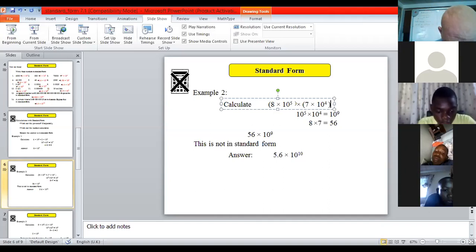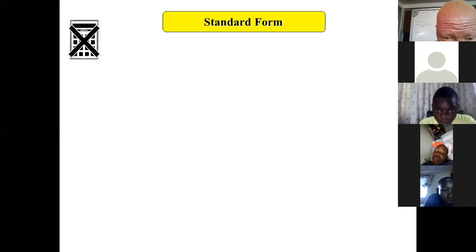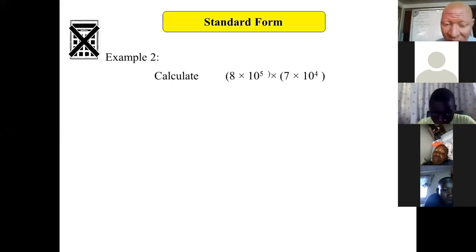Okay, this is what you are trying to say, that it should be in a bracket. It can be like that, it doesn't matter. So when you have it like this, 8 times 10 raised to power 5 in a bracket multiplied by 7 times 10 raised to power 4 in a bracket.